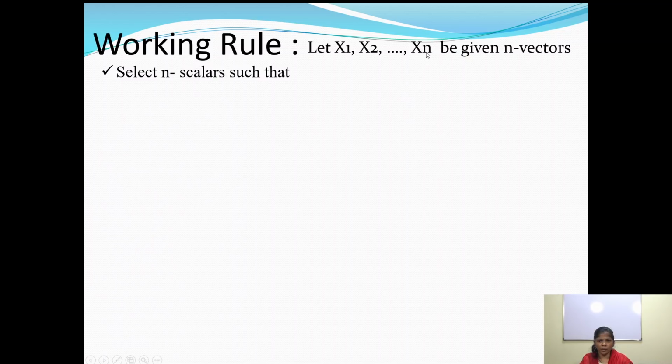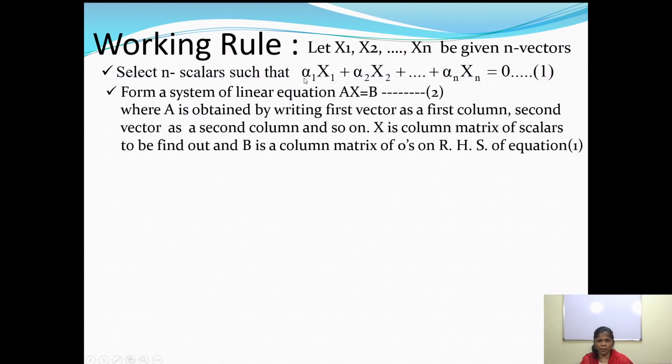As n vectors are there, we select n scalars, say alpha 1, alpha 2 up to alpha n, such that the linear combination alpha 1 x1 plus alpha 2 x2 plus up to alpha n xn is equal to 0. Our aim is to find the scalars alpha 1, alpha 2 up to alpha n. So we will form a system of linear equations Ax equal to b.